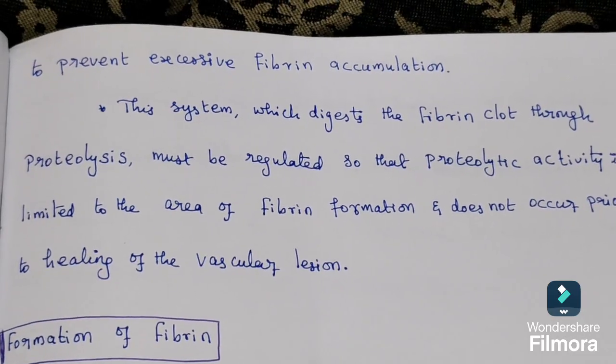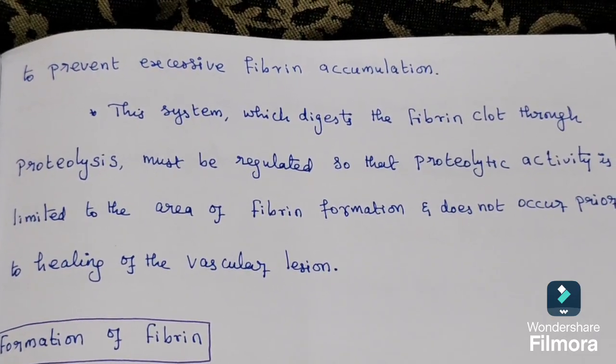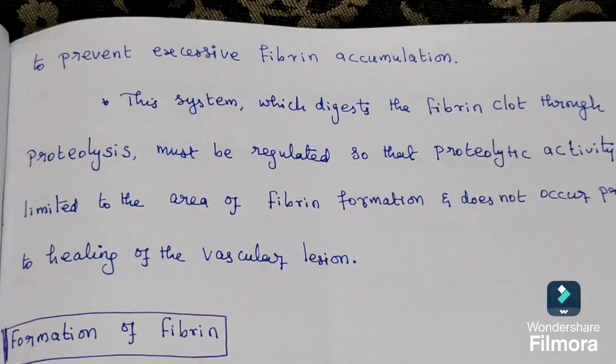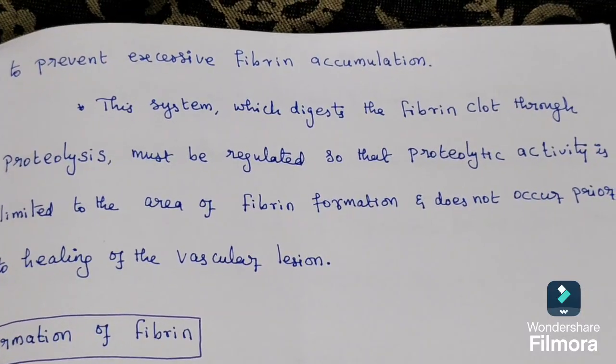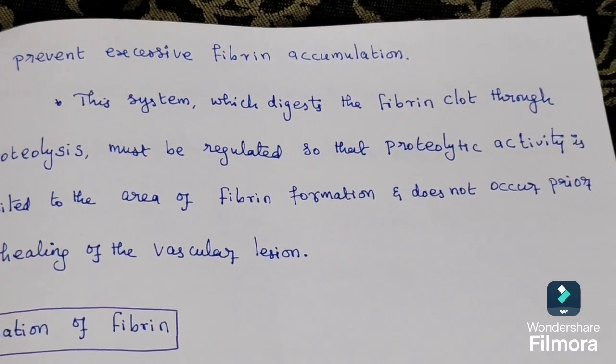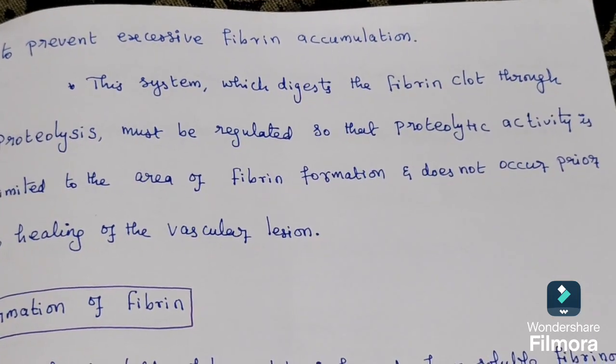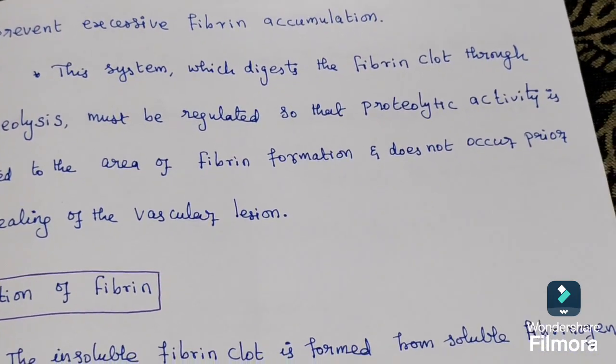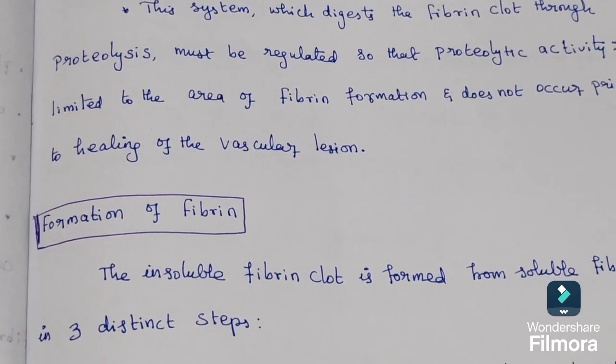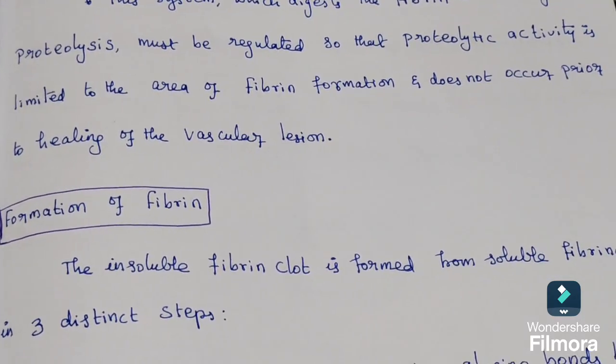This system, which digests the fibrin clot through proteolysis, must be regulated so that proteolytic activity is limited to the area of fibrin formation and does not occur prior to healing of the vascular lesion.